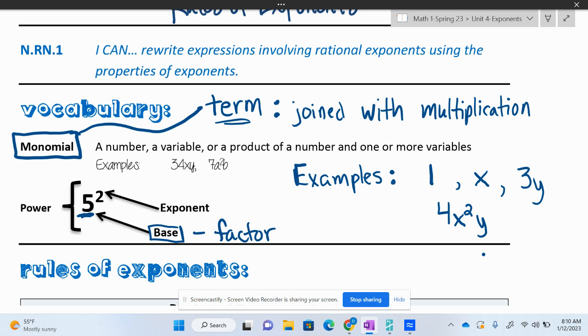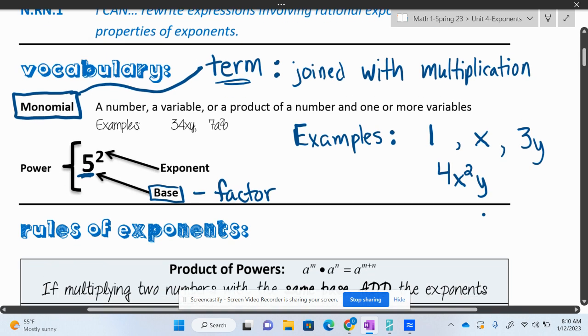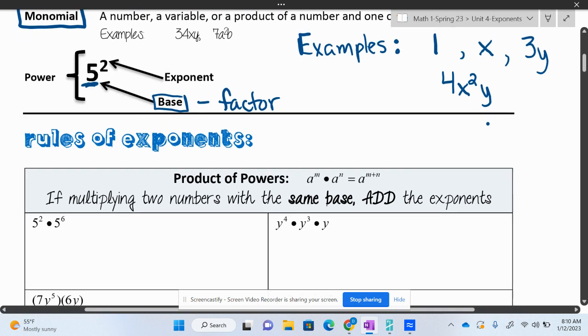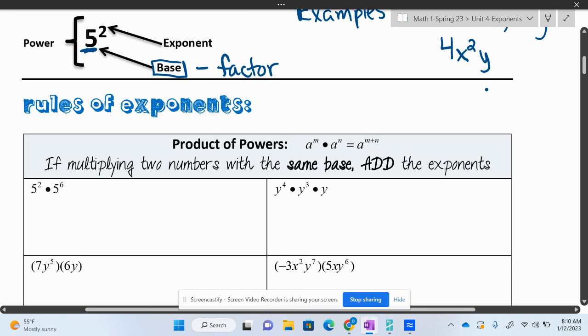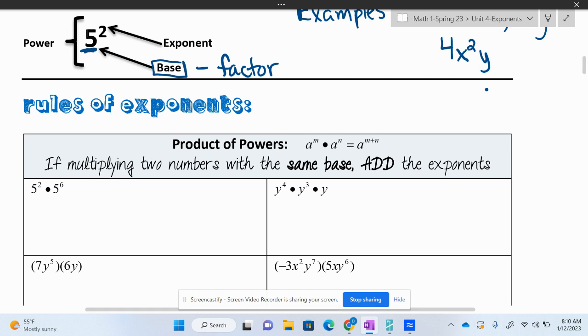Okay. So the first rule that we're going to talk about is the product rule. And if I'm going too fast, I want you to stop me. Okay. So here's what this rule says. The product rule says that if you're multiplying 2 numbers, and it says 2 numbers, but it's really 2 terms, right?